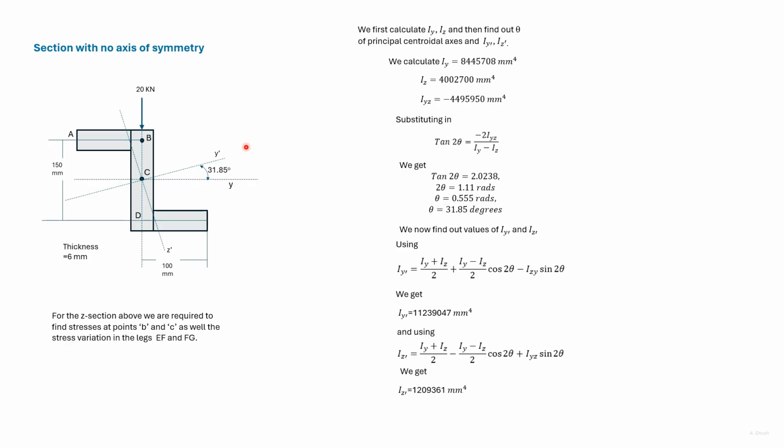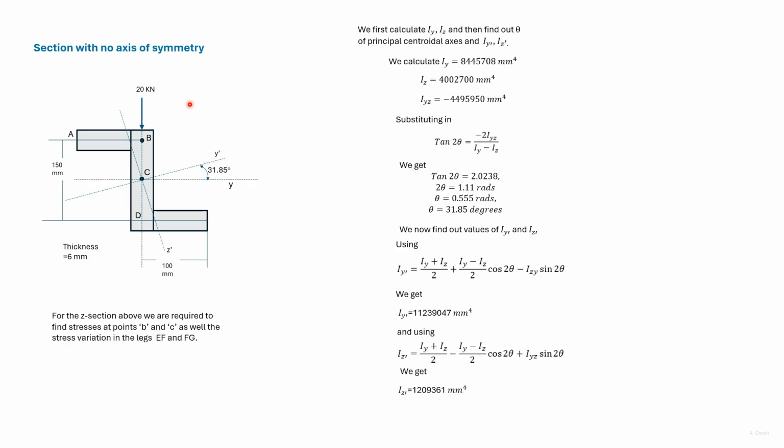For such a section with no axis of symmetry, we need to find out the principal centroidal axis first. The load here is not aligned with any of the principal centroidal axis, so we have to take components of the load which aligns with the principal centroidal axis.